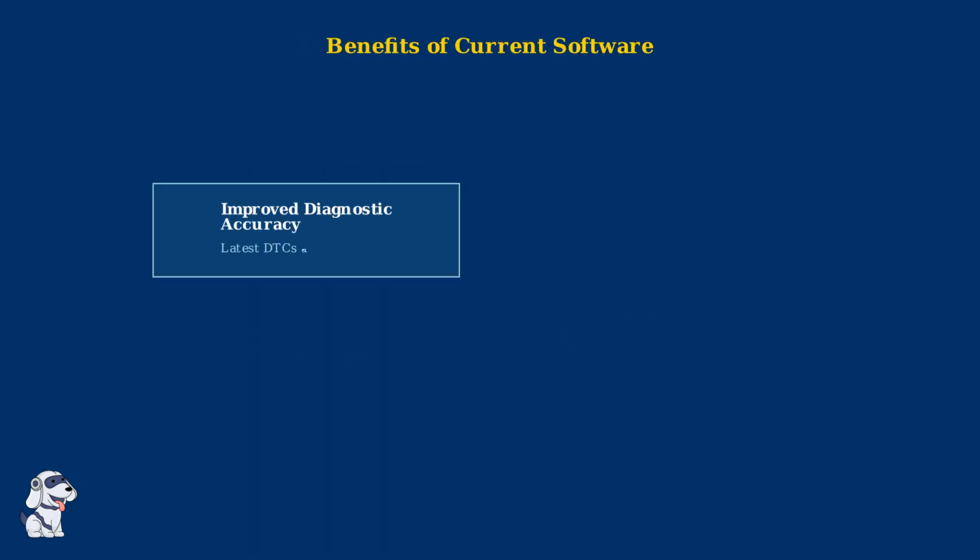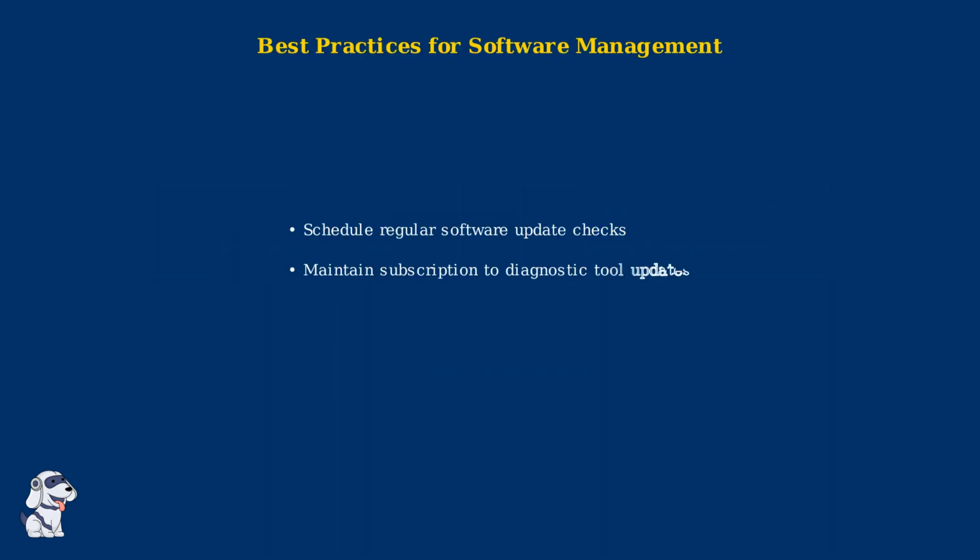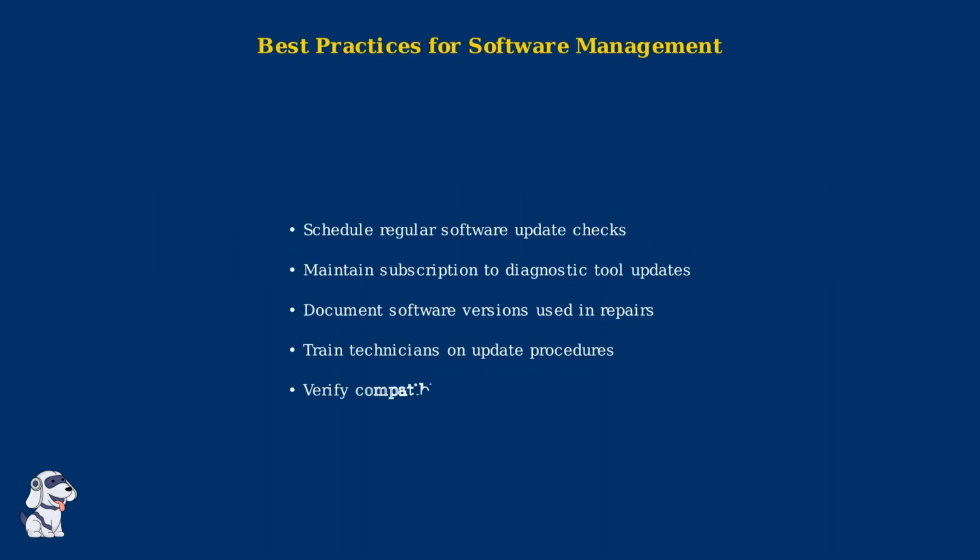Maintaining current software versions provides significant benefits for transmission repair shops. Updated diagnostic software improves accuracy by including the latest diagnostic trouble codes and parameters, while updated transmission calibrations enhance performance and reduce the likelihood of customer comebacks. To maximize the benefits of software updates, transmission shops should implement best practices for software management.